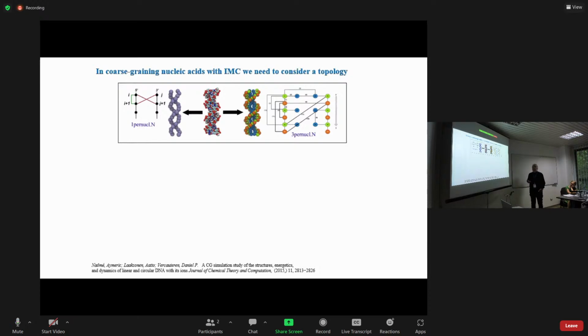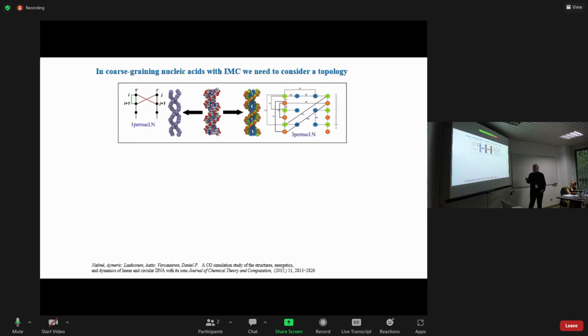If you use this method to simulate, for example, DNA, you have to decide the topology and how you coarse-grain and so on. So this is an all-atom description of DNA, and this is a very simple coarse-grained model. This is where there is one nucleotide per bead.